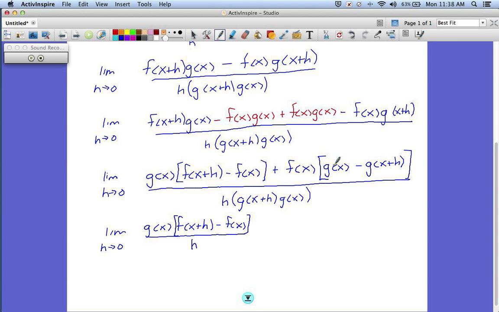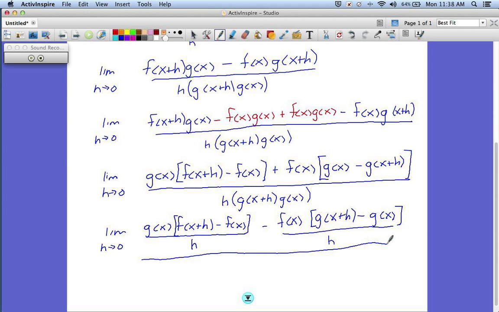Now up here, notice these guys are in reverse order. I want this guy first and that guy second. I want this guy negative and this guy positive. So I'm going to factor out a negative and change this to minus f of x. And now my g of x plus h is my leader. He's positive. My g of x is negative. He's following there. I'm going to put my h there, and I'm going to unsimplify the denominator. I put my g of x plus h and my g of x down here.